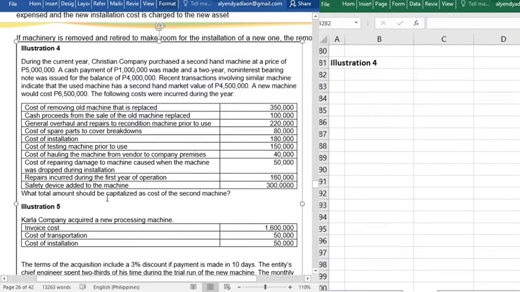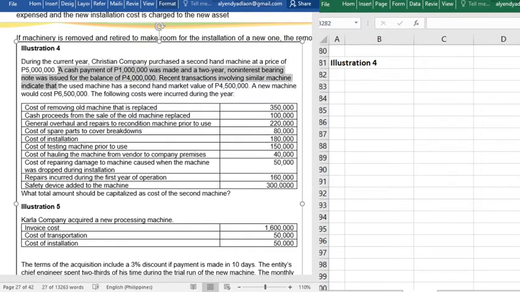Question: what total amount should be capitalized as cost of the second machine? During the current year, Christian Company purchased a second-hand machine at a price of 5 million. A cash payment of 1 million was made, and a 2-year non-interest bearing note was issued for the balance of 4 million pesos.